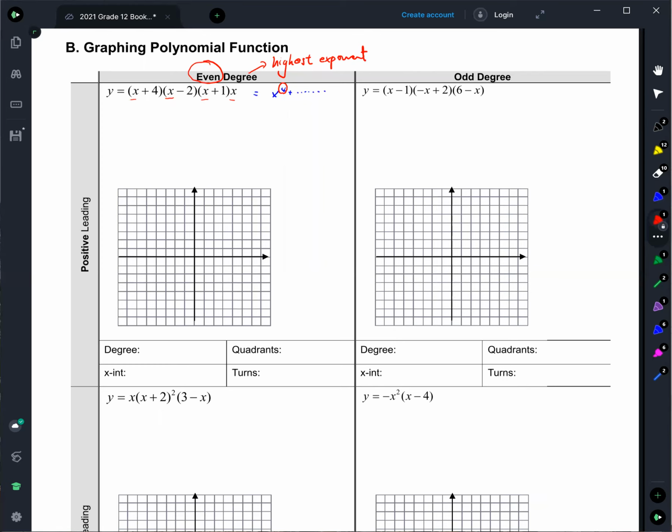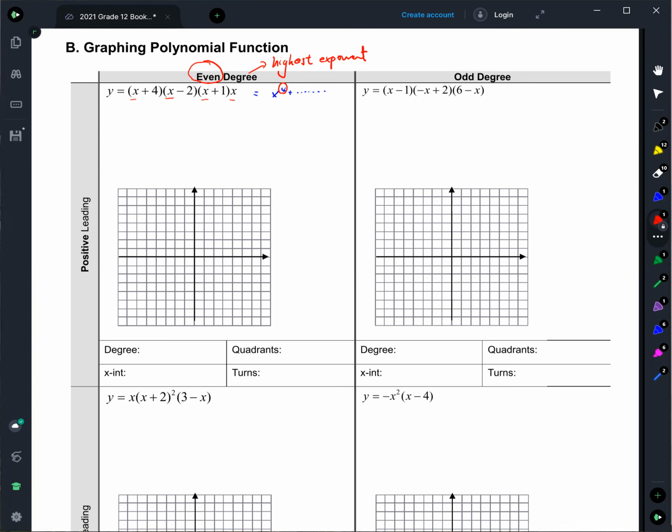And this belongs to even degree because it's an even number. Even number means 2, 4, 6, 8, right? Those numbers. So if the highest exponent is an even number, then it belongs to this category. So all the 2, 4, 6, 8, their graph will have some shared look, okay, similar look. Okay, later we'll take a look at that.